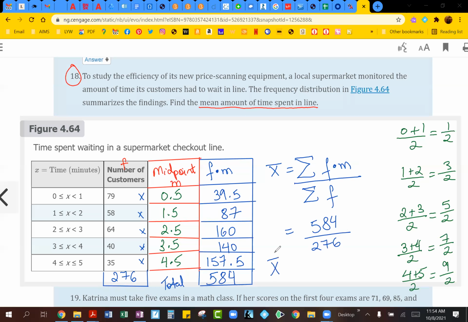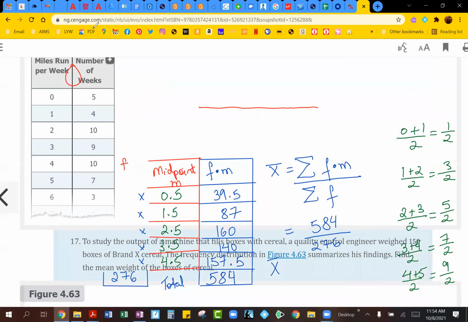And what kind of average time are we looking at here? How long did the people have to wait in line? So Brandon, you've got 2.115 or 2.1. And I didn't see instructions for rounding.